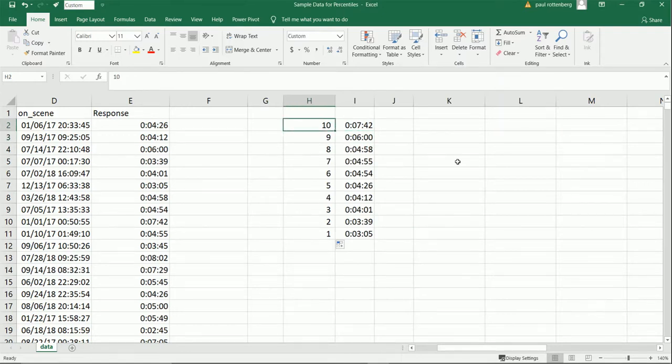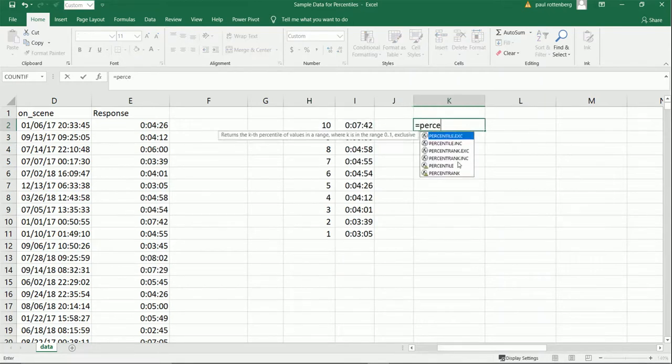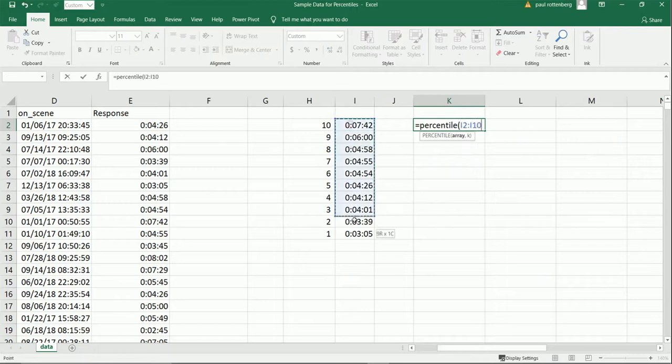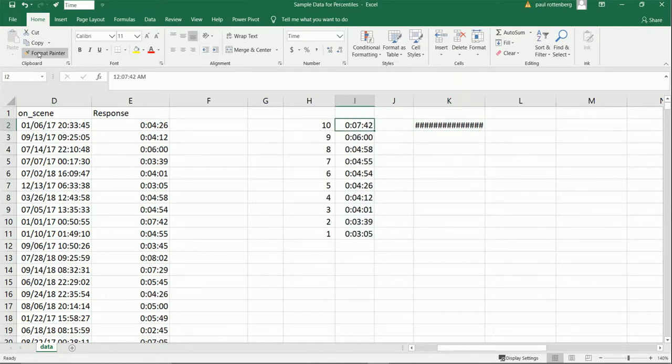Well, now it's going to get a little bit more confusing. Let's say, for example, I used a formula in Excel. I said equal sign percentile, super easy. And I blocked all this data, and I said, hey, give me the 90th percentile there. Well, there we go.